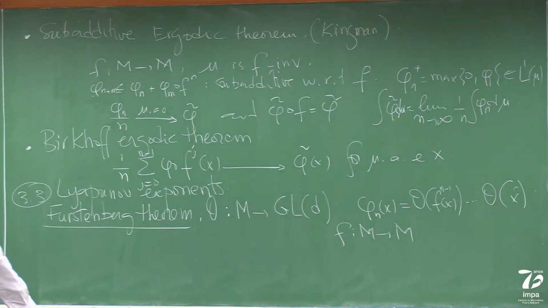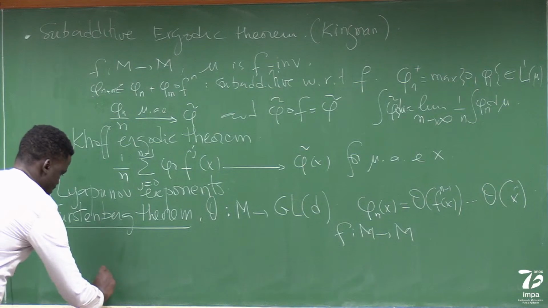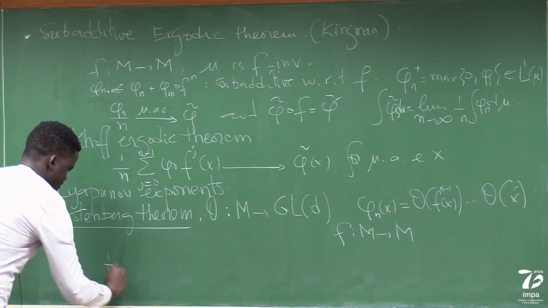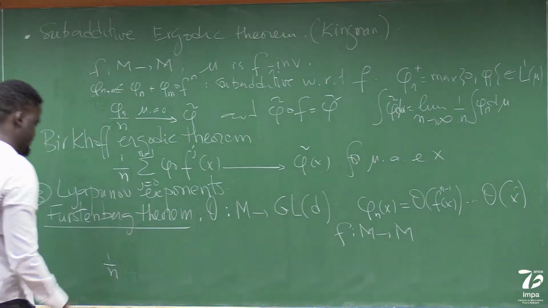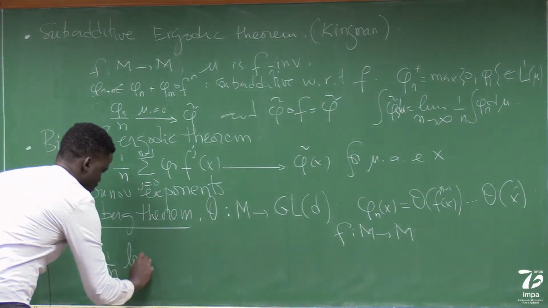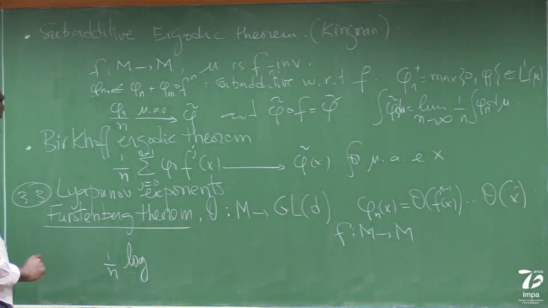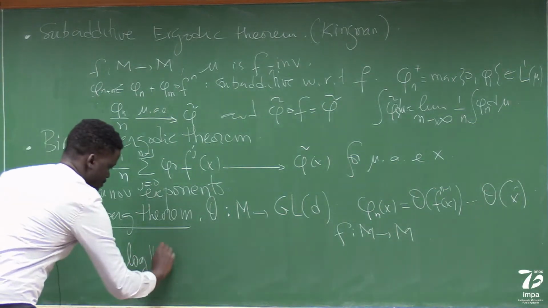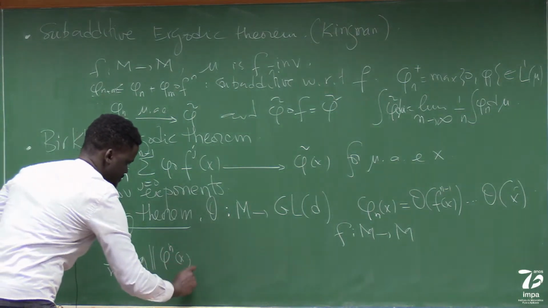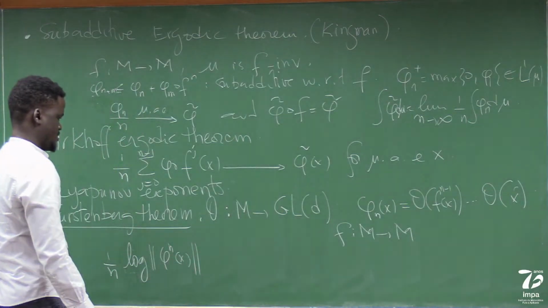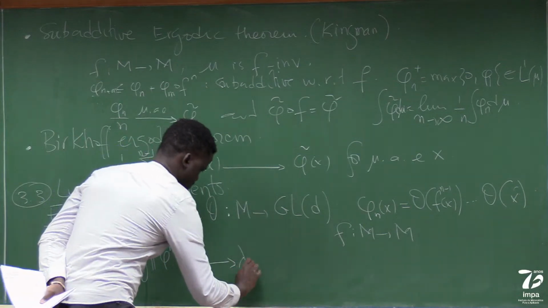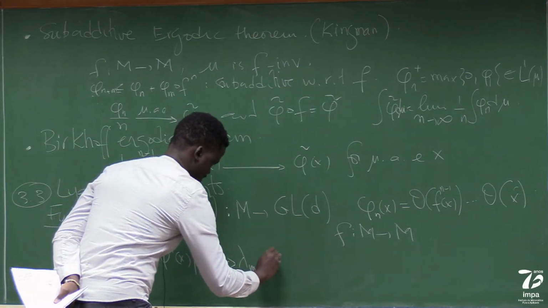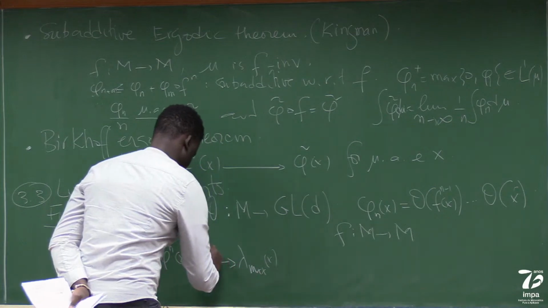Furstenberg tells us that 1 over n times the log of the norm of phi n of x is converging to the biggest Lyapunov exponent for mu almost every x.